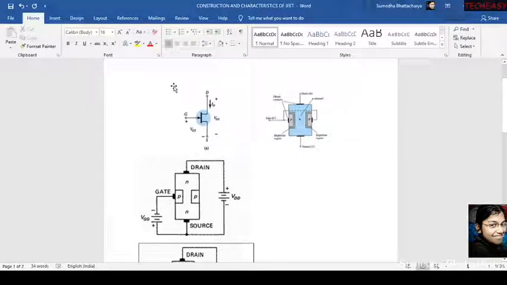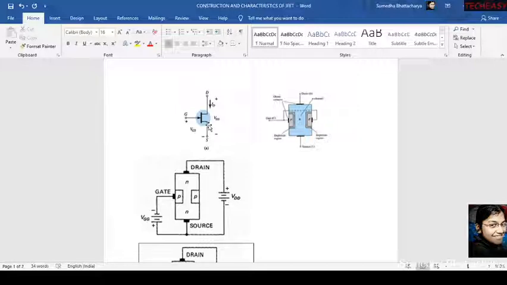In case of BJT, we are putting the arrow on the emitter side, and in that BJT there is the base, there is a collector, and there is an emitter. On the emitter side we always put the arrow to show that this is an NPN transistor or PNP transistor in case of BJT, right?